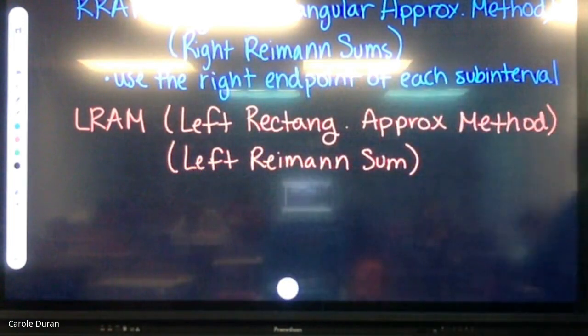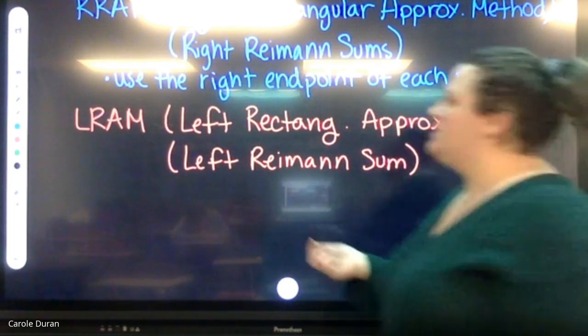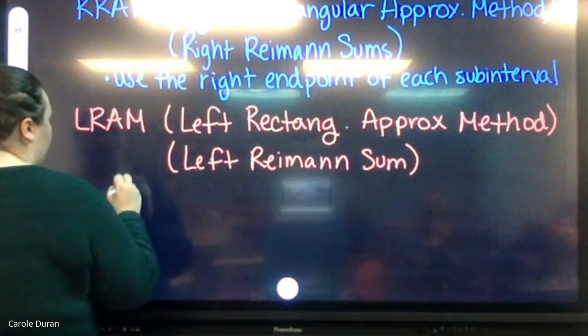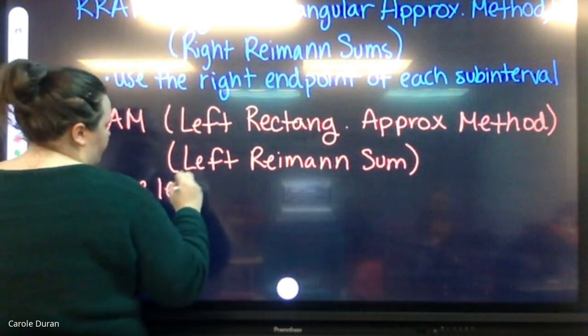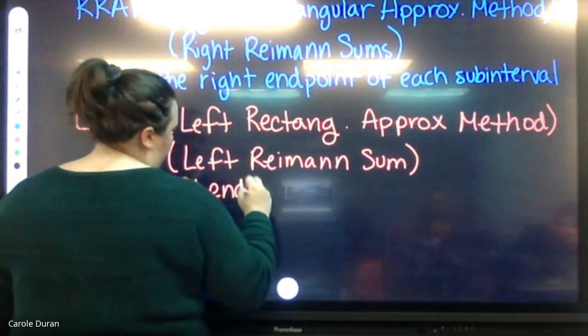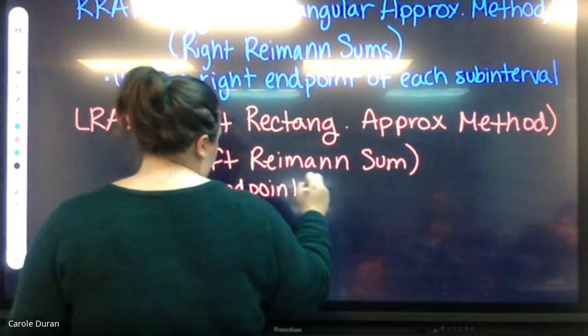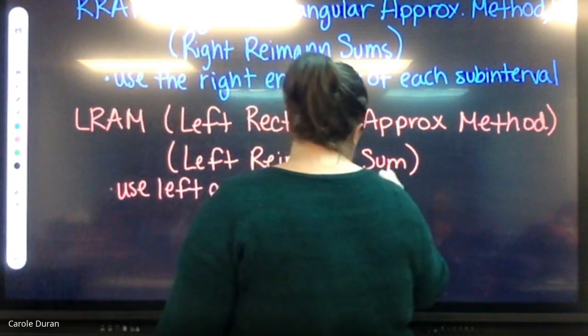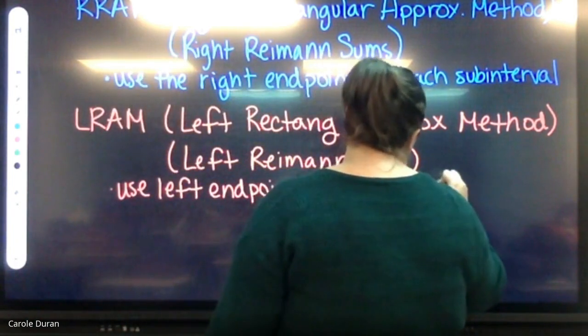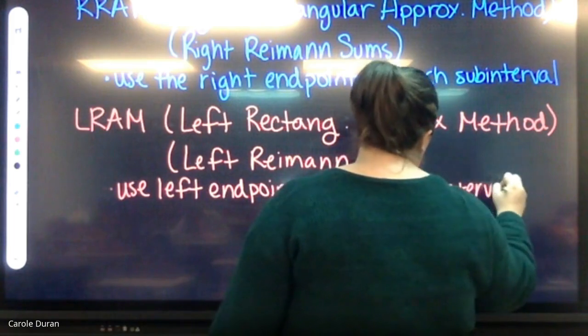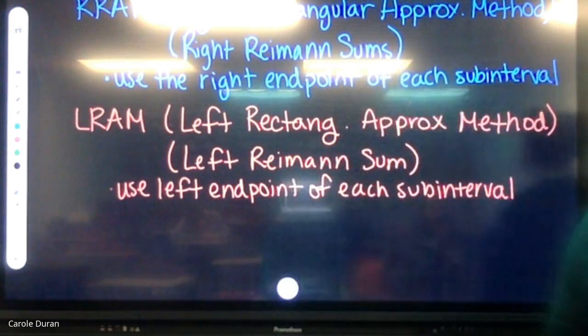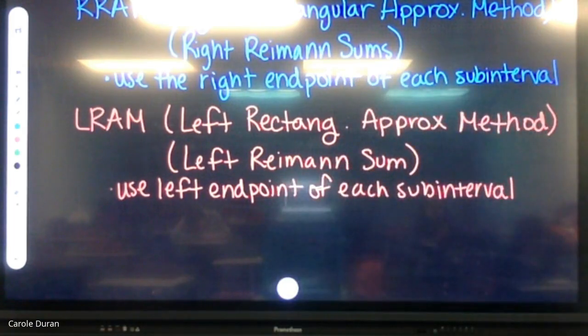And this means instead of using the right endpoint of each subinterval, I'm going to use the left endpoint of each subinterval. And that left endpoint is going to be what determines the height of my rectangle.